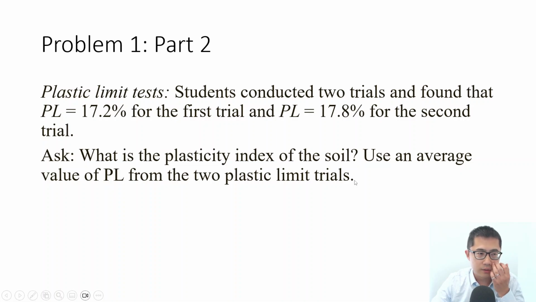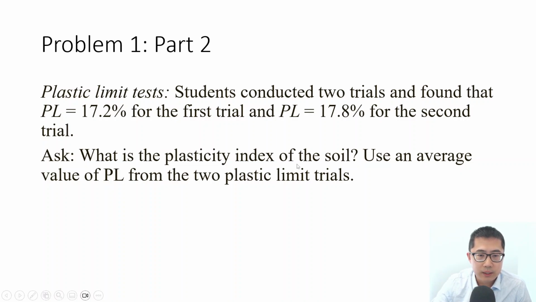It's pretty easy. It's pretty standard that you do 2 trials for your plastic limit test. So you have a 17.2, you have a 17.8. You do the average. So the average of your PL will be 17.5, I think, right? So 17.5 is going to be your PL.